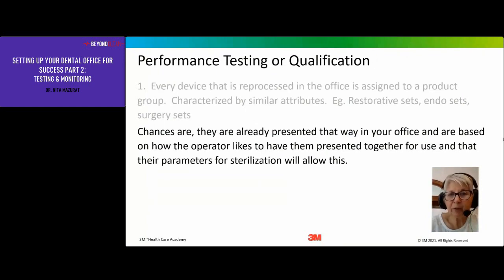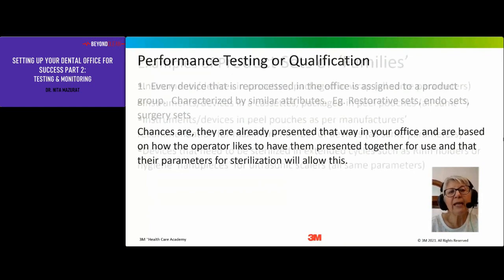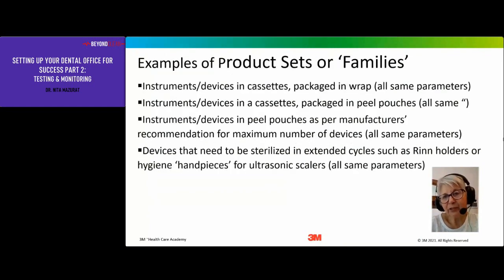Your examples of product sets or families are devices in cassettes packaged in wrap, devices in cassettes packaged in peel pouches, devices in peel pouches as per manufacturer's recommendations for no more than the maximum number of devices, and they all have the same parameters for sterilization. Devices that need to be sterilized in extended cycles, such as handpieces, other plastics, and hygiene handpieces.